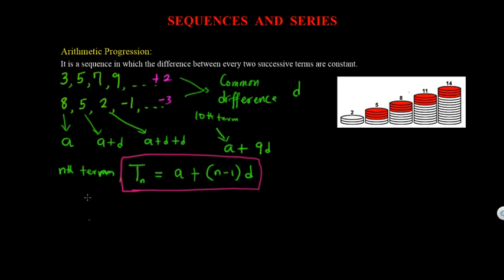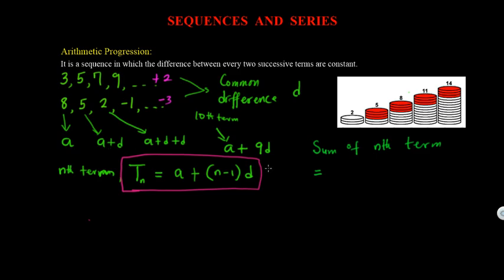However, we can also say, if we are interested in finding the sum of any AP, let's say the sum of n terms of an AP, it is derived by adding the terms together. Let's say, for example, we have the sum of these 3 terms, it will involve us adding all these together.